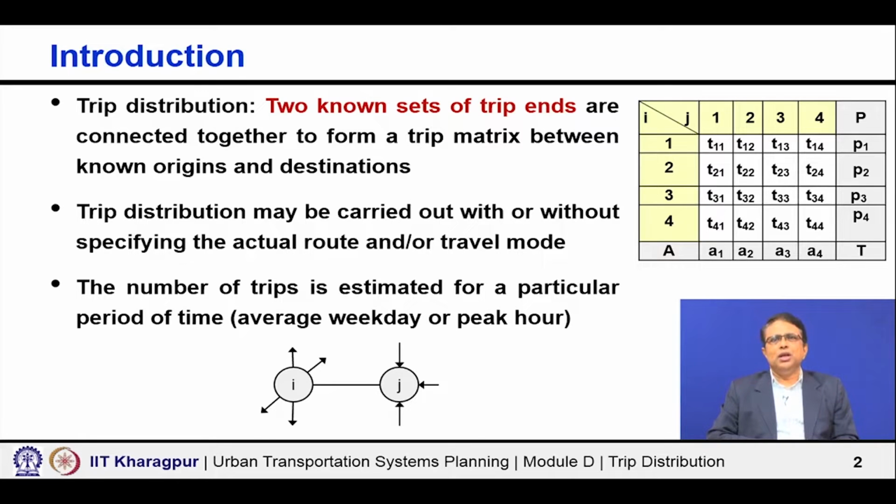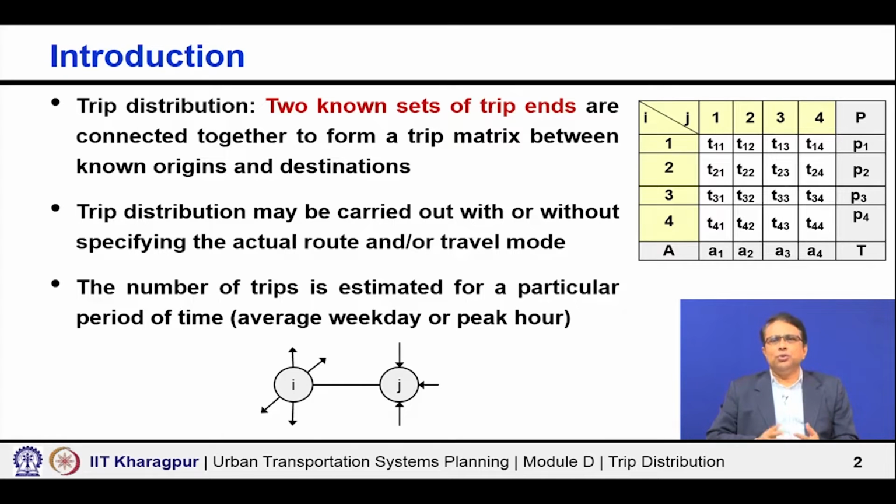For example, two locations, origins and destinations, may be connected by cars; one can travel by car, one can travel by taxi, one can travel by maybe public bus. So, if we wish, sometimes people also prepare this matrix mode wise, that is also possible.